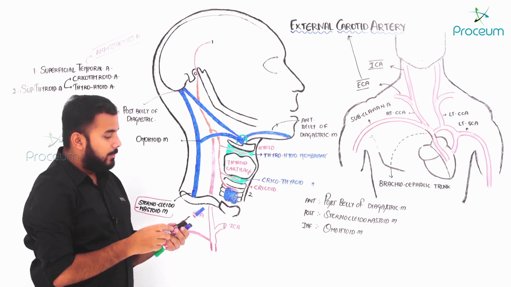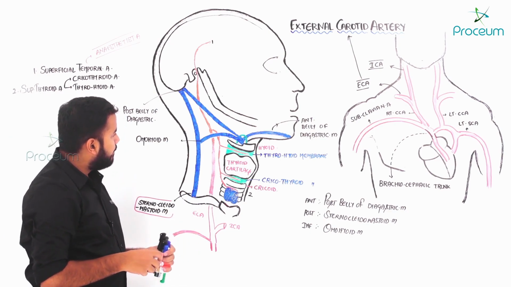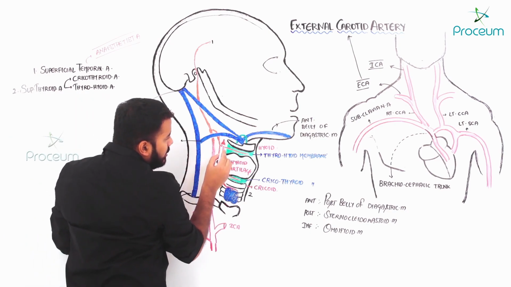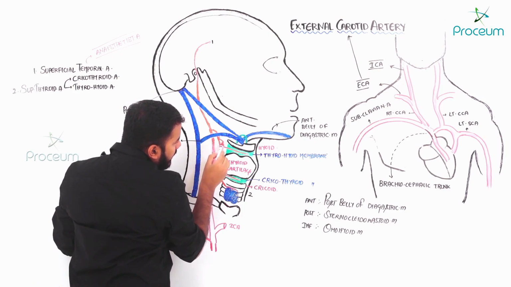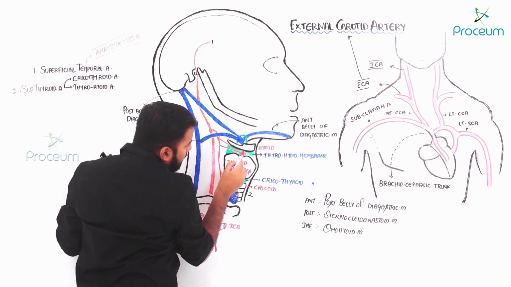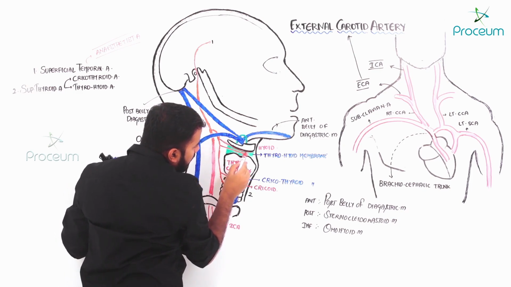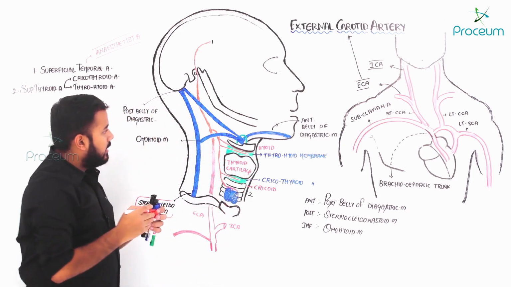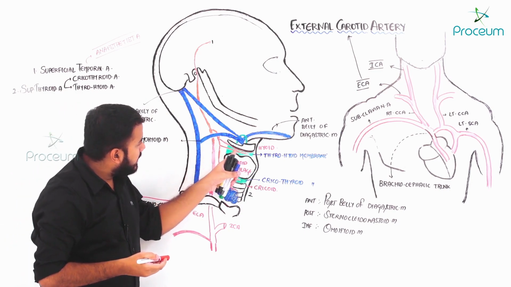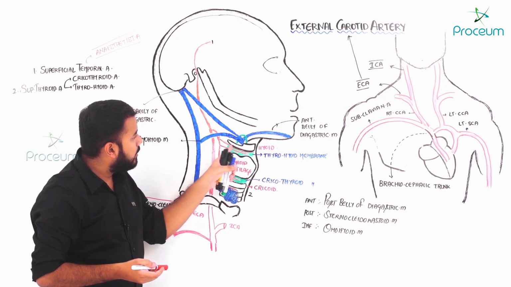Let us look at the third branch. Now look here very carefully, this branch is supplying exactly below which bone, guys? You see, this branch is passing just below your hyoid bone.